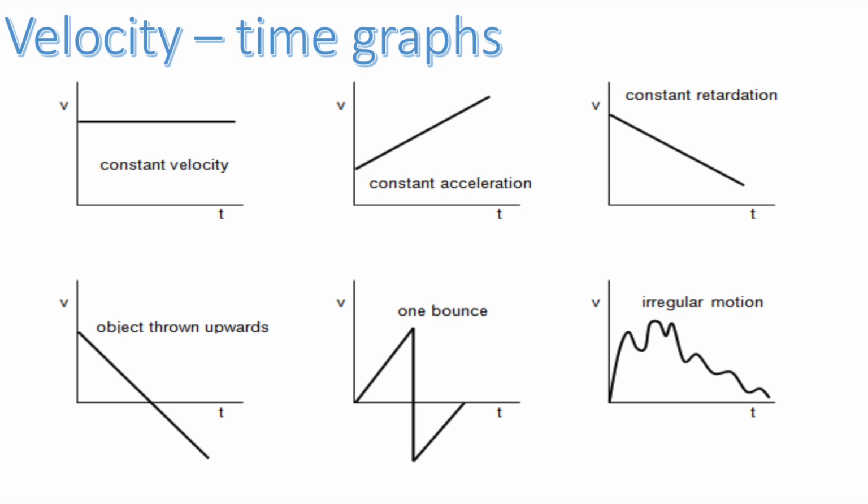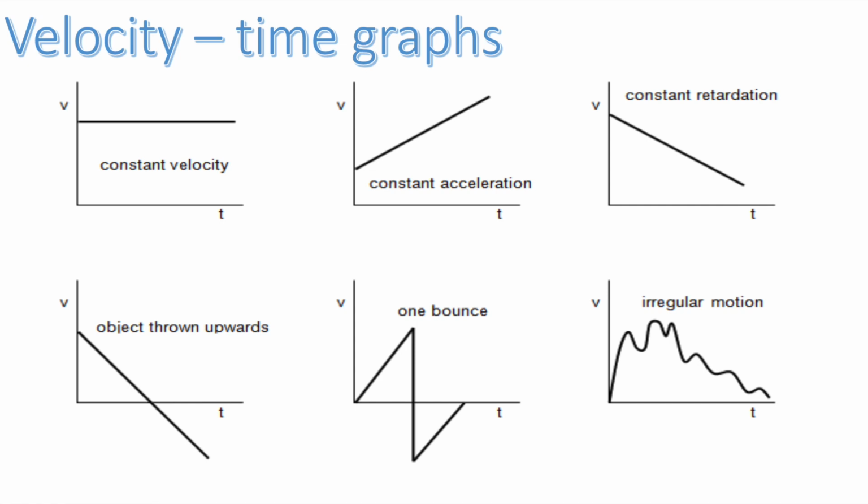Now let us think about the fifth graph. This graph shows the bouncing of an object. The moment we start observing, the object is at the extreme top point. That means the velocity is 0. The moment we release, the ball will fall downward, and during that motion, velocity increases.